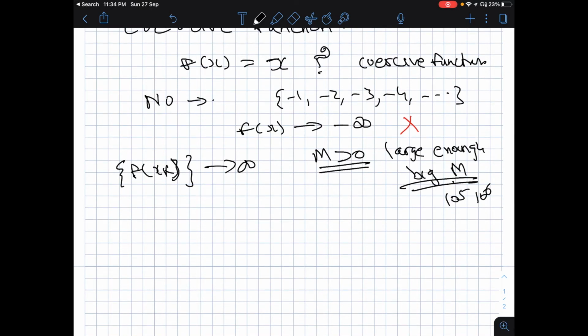Whatever you choose, you would be able to give a k greater than or equal to N such that all f of x_k thereafter would be greater than M. That means whatever large value you choose, there will be some threshold after which all points thereafter will be greater than M. This M can be 10 to the power 6, 10 to the power 7, 10 to the power 100, whatever, which means that the function is going to infinity. So such a function is called a coercive function.